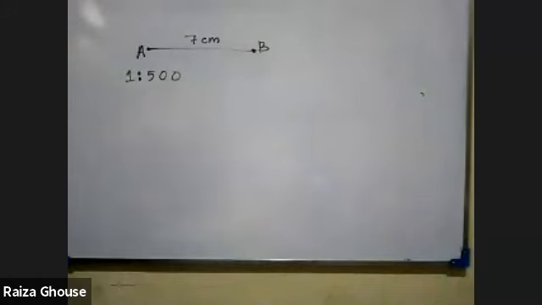Great. True distance you have to find. Scale length is given. You have to find out actual length, real length. Real length should come in meters or kilometers, whatever the convenient way.